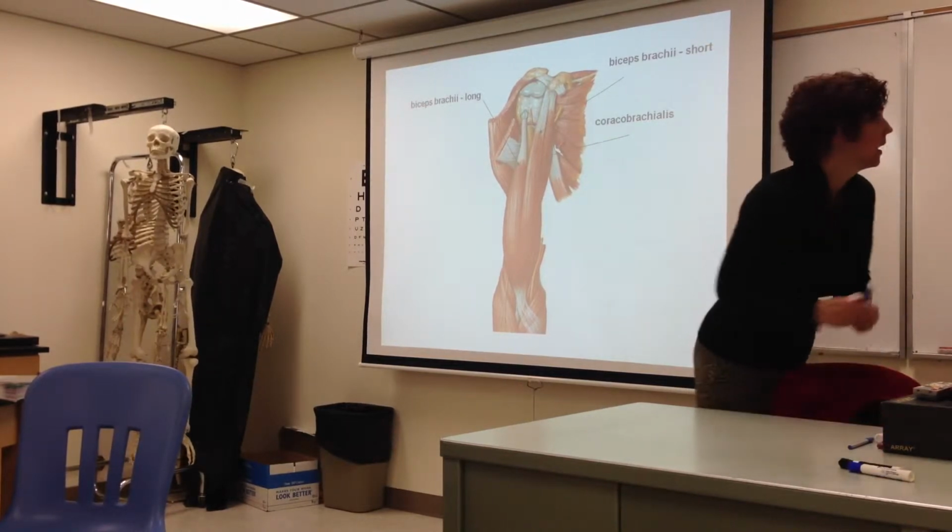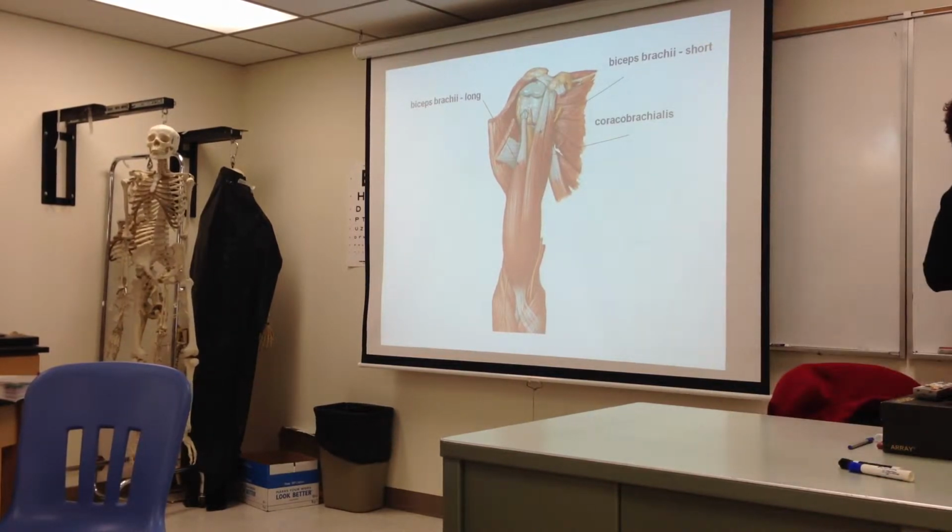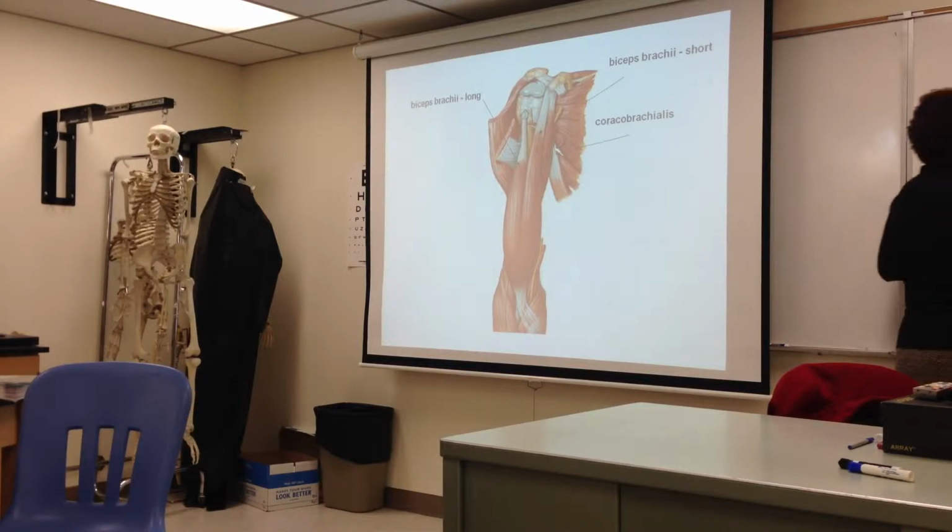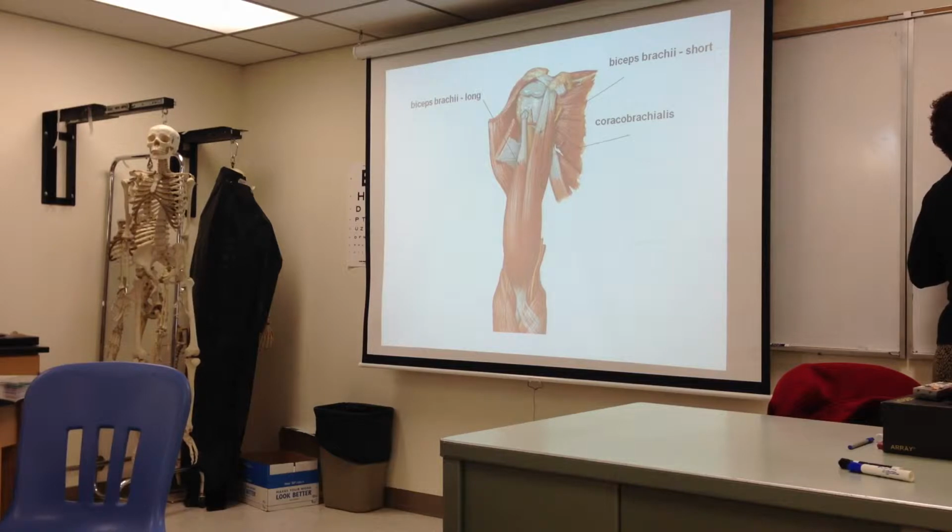And this is a very slender muscle. This is anterior view, yes. Because it's anterior compartment. So this is the coracobrachialis muscle. Has its origin and insertion in its name.